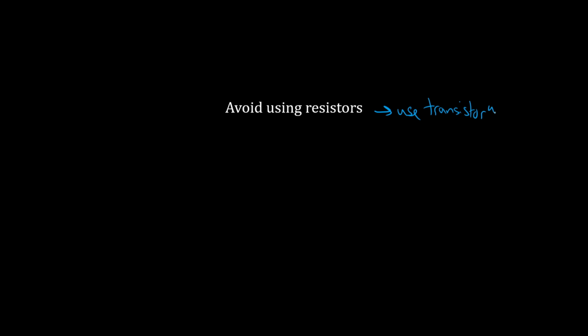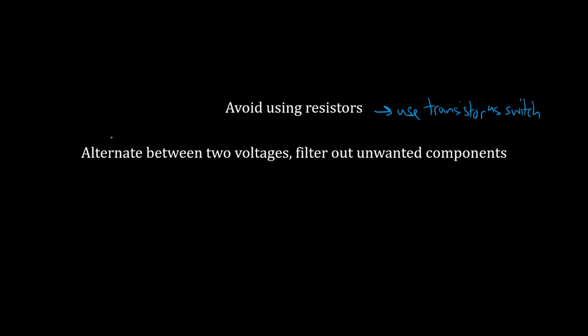So I just wanted to introduce this way of producing the buck converter. We started again with a resistive divider. We decided to not use resistors. We decided to use the transistor as a switch. By doing that, we created a waveform with an AC and a DC component, right?